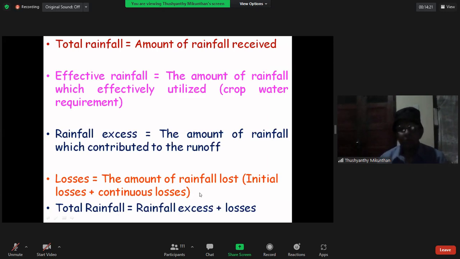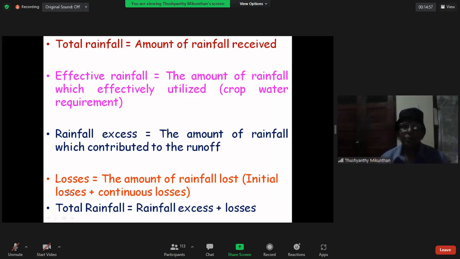These are the major points while you are doing the calculation. Total rainfall is the amount of rainfall which we are receiving in the catchment. Rainfall excess, that is not effective rainfall. Of course, you know the meaning of effective rainfall: the amount of rainfall which is utilized effectively in the catchment. Rainfall excess is the amount of rainfall which contributes to the runoff.